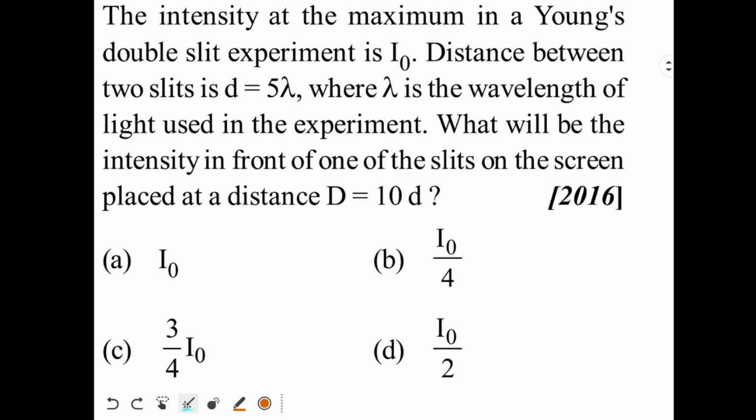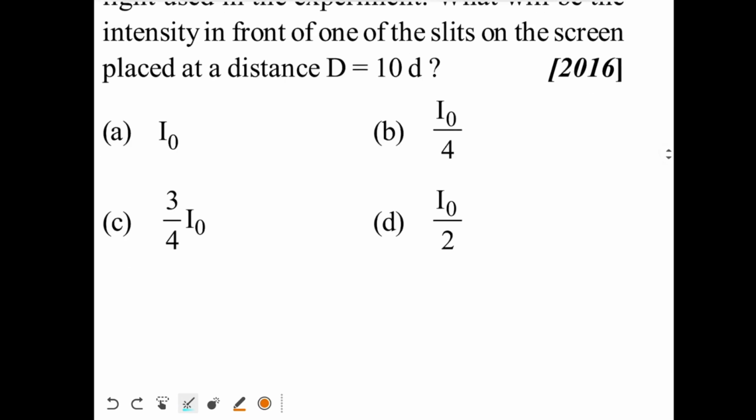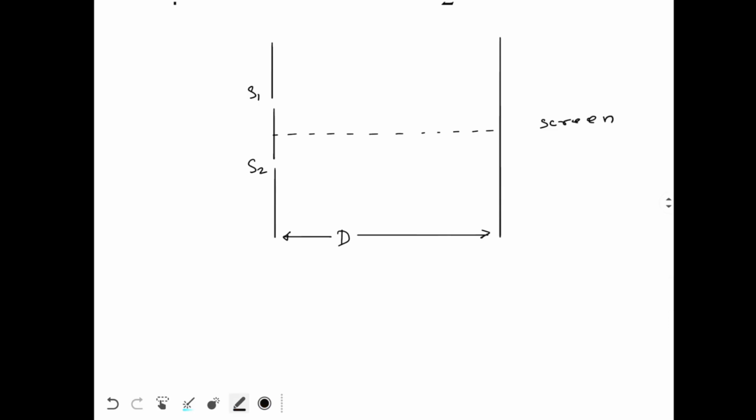Okay. So first thing, let's draw the double slit experiment first. So if each slit is creating an intensity I1, let's write down intensity due to individual slit is I1.